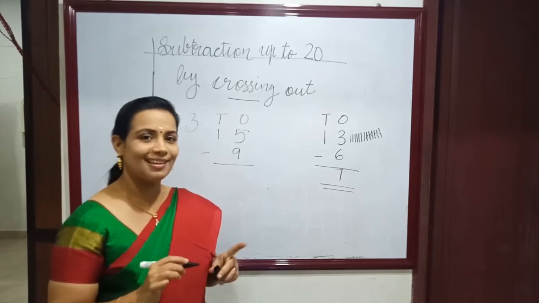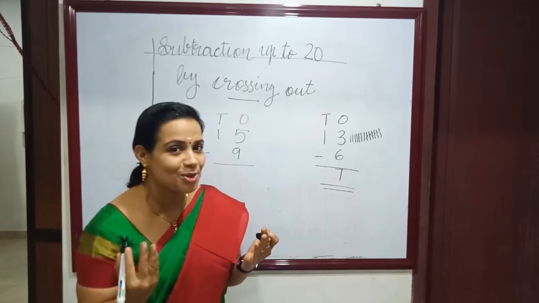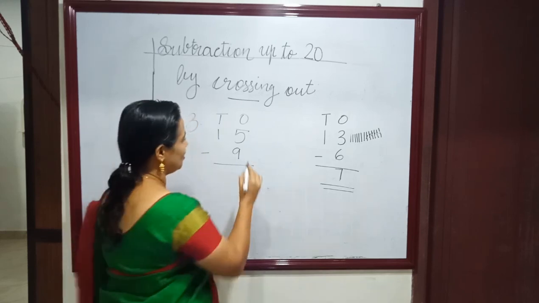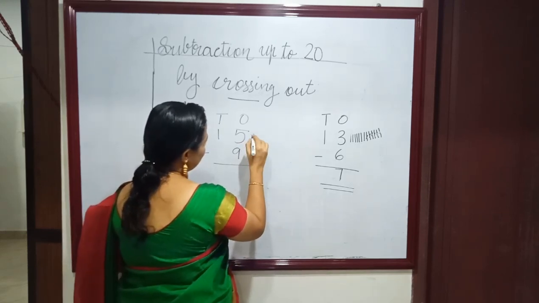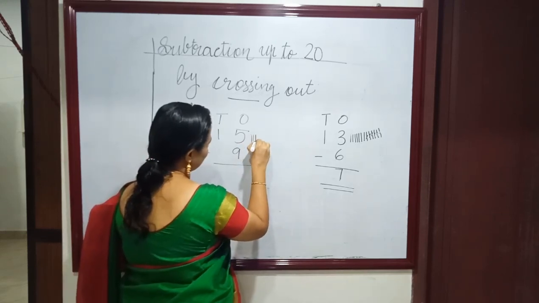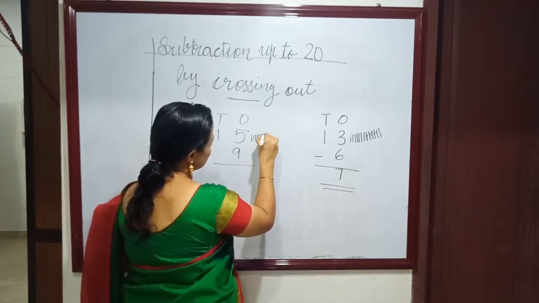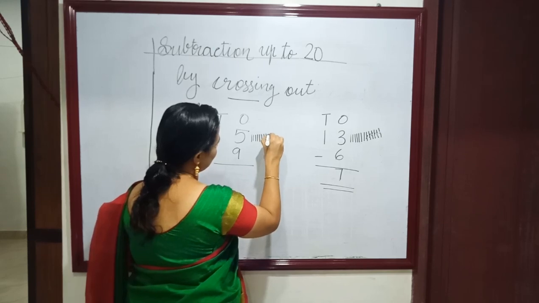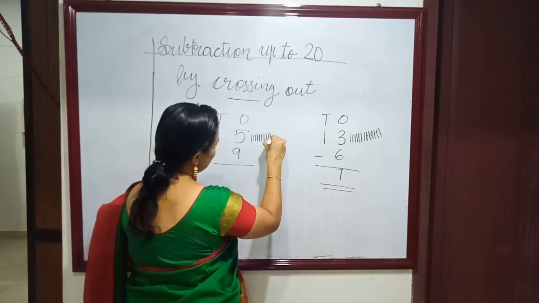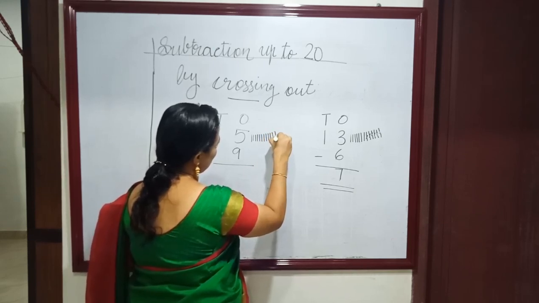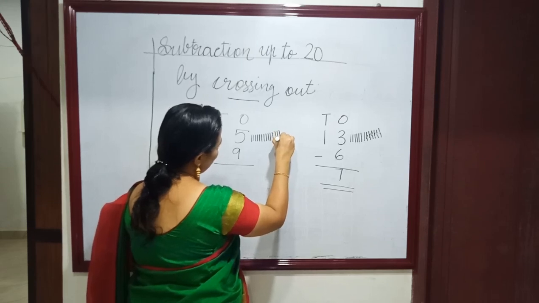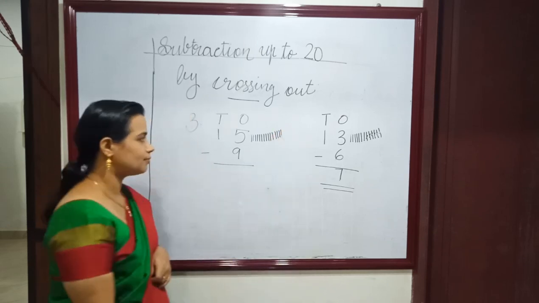Yes, 15 lines. 1, 2, 3, 4, 5, 6, 7, 8, 9, 10, 11, 12, 13, 14, 15.